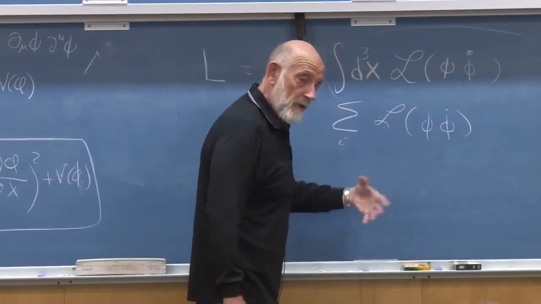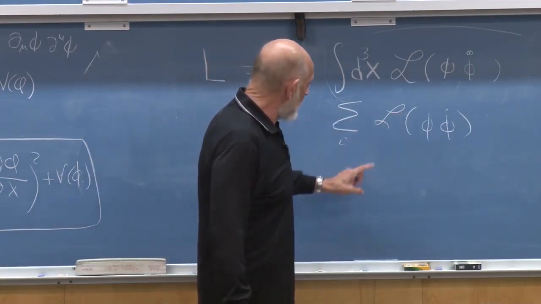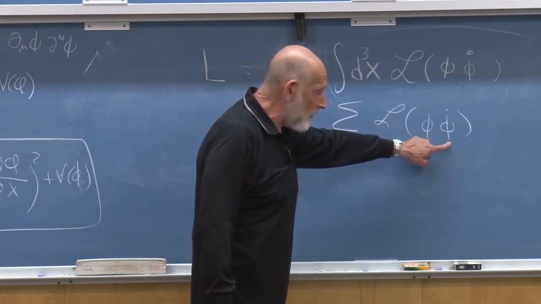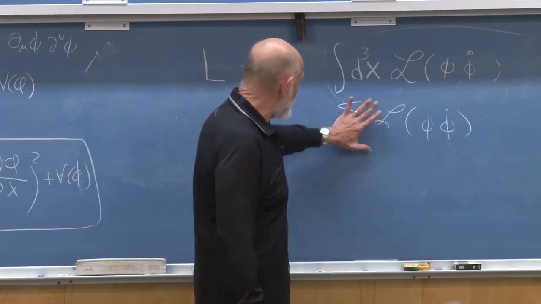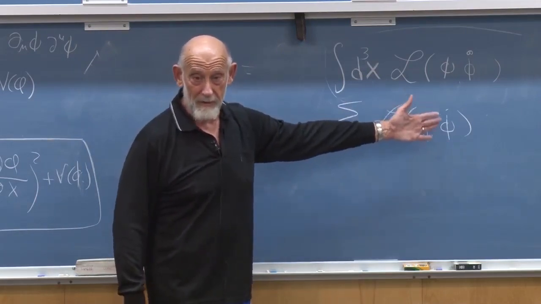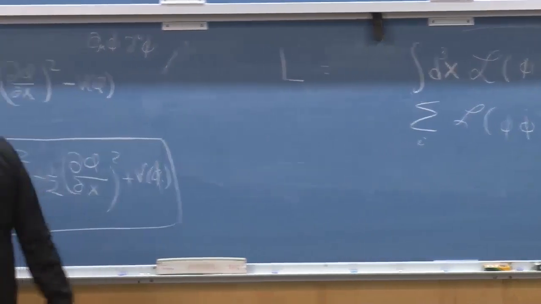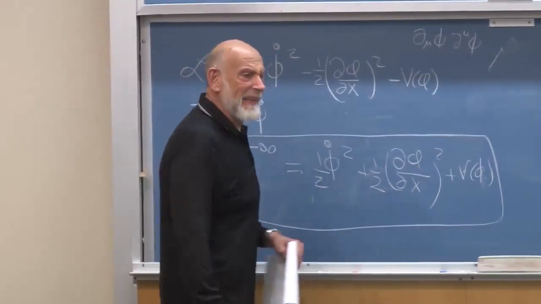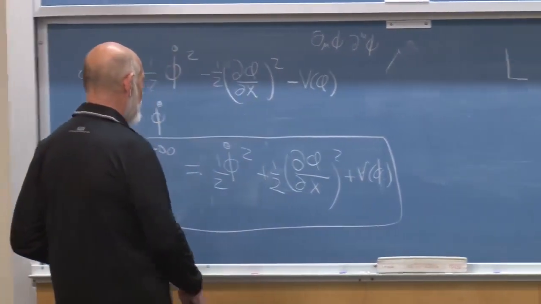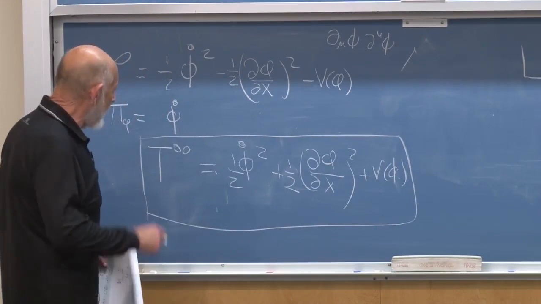If the Lagrangian is built that way, and they usually are, then differentiating with respect to a specific phi dot at a specific point throws away all these terms except one, and that's the point. I can't think of any that's not like that. I think they're pathological, at least not Lorentz invariant. Offhand, I don't think of it.